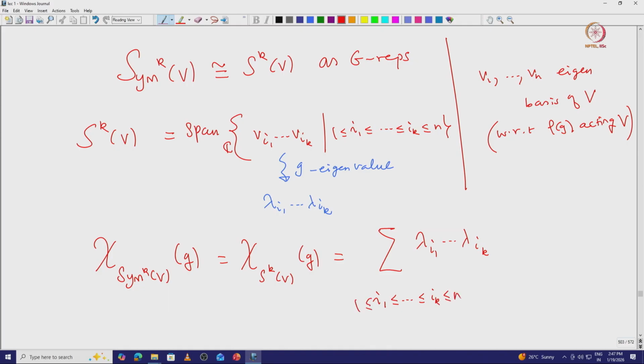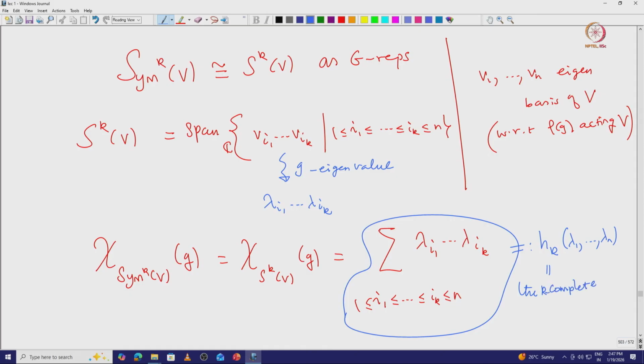So, this is what we have, and these functions are actually very interesting functions to study. They are symmetric polynomials, and they are called the k-th complete homogeneous symmetric polynomials. This is defined to be h_k of lambda_1 etc. lambda_n, and we call it the k-th complete homogeneous symmetric polynomial.